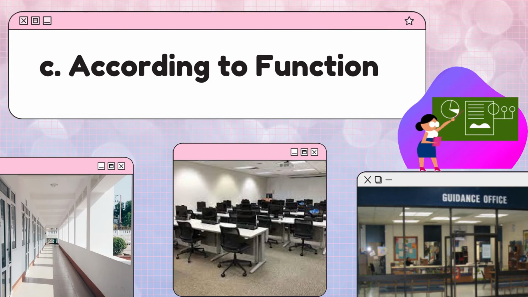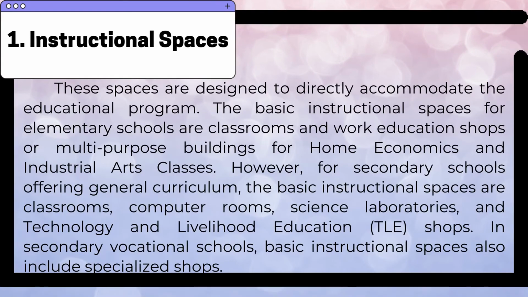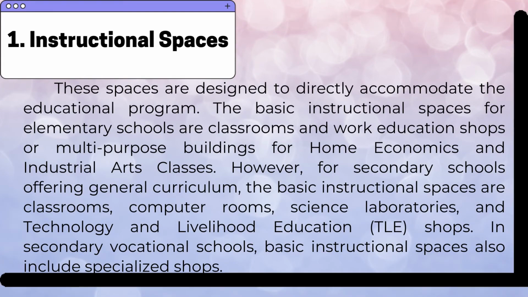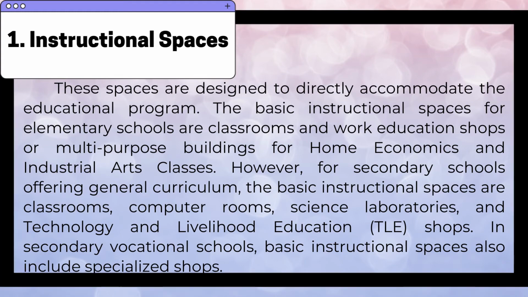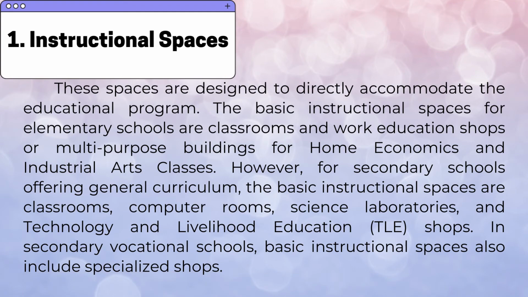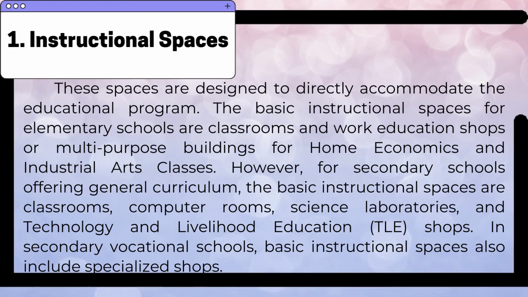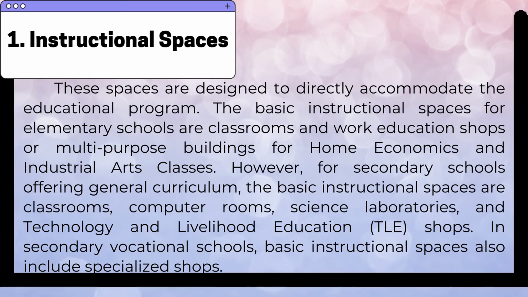Now let's proceed to types of building according to function. 1. Instructional spaces. These spaces are designed to directly accommodate the educational program. The basic instructional spaces for elementary schools are classrooms, and work education shops or multipurpose buildings for home economics and industrial arts classes.